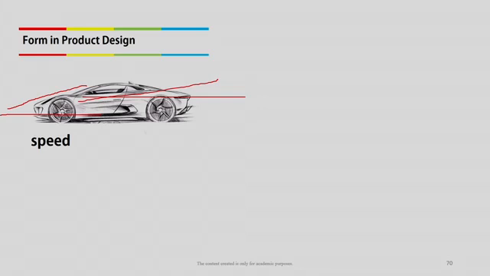It is therefore possible to convey the message of movement by using sloping lines at a relatively slight angle to the direction of movement. With the help of form, we can achieve affordance also. Through form, we can give affordance to a product. The form gives the user an indication to rotate or press in this particular design.